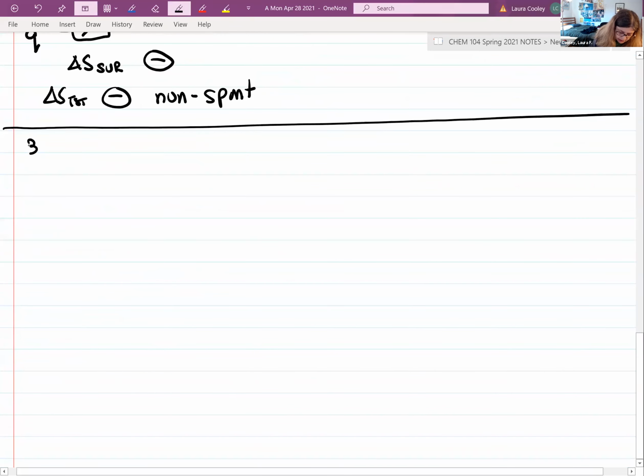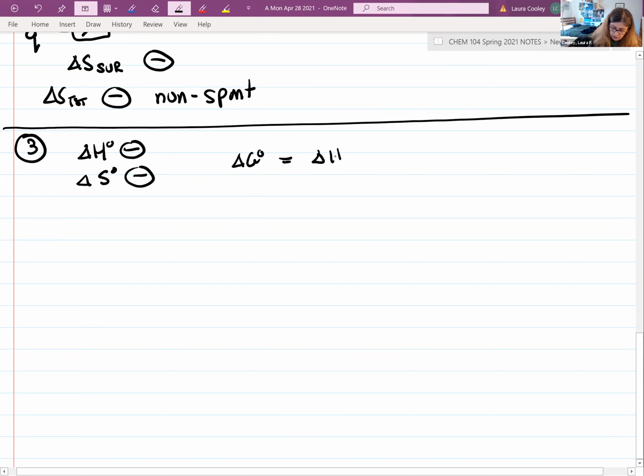Now we have the third case where let's suppose we have a negative delta H and a negative delta S. When these two are the same sign, because in the delta G relation you have a negative sign here, these two terms will have opposite signs, which is not what happened in the first two examples.